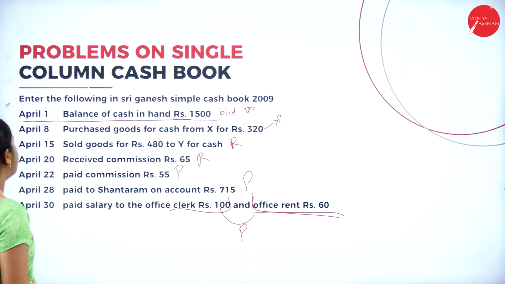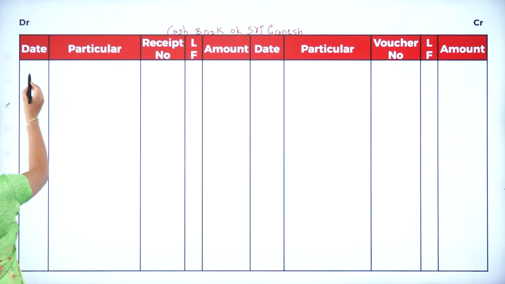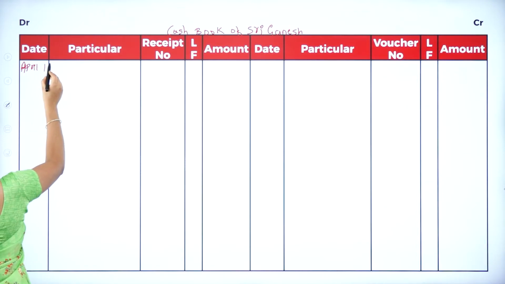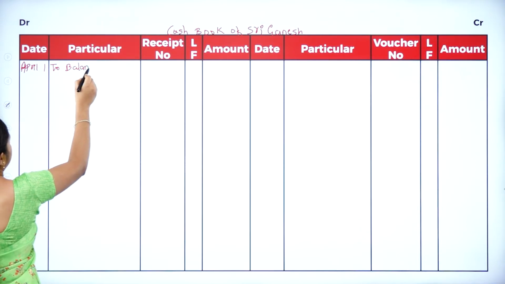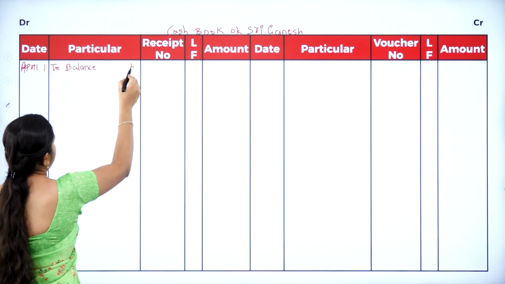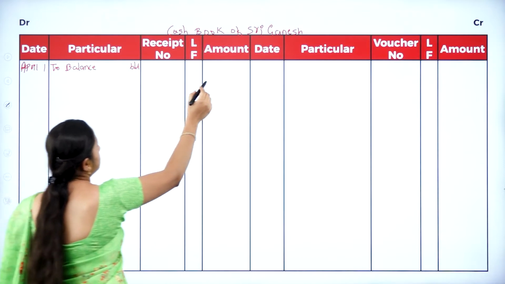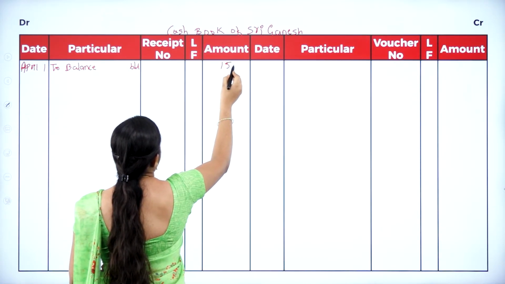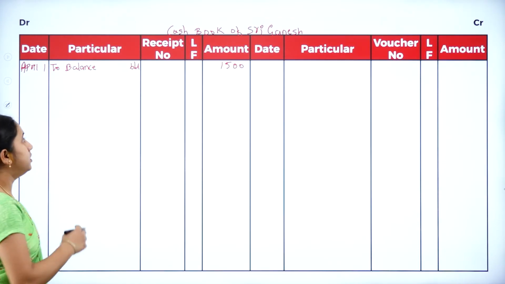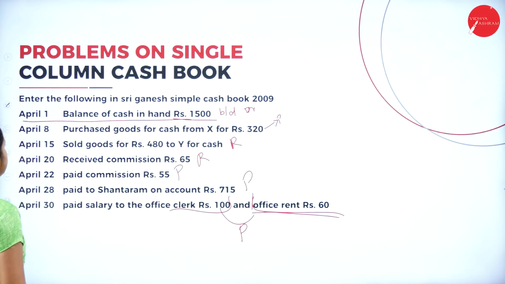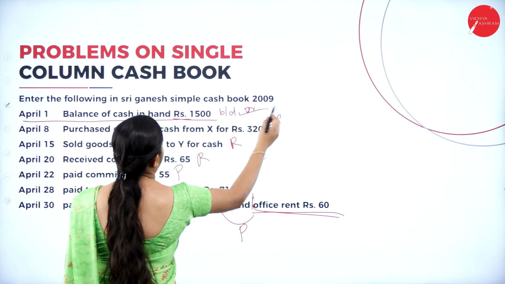So, April 1st, to balance brought down rupees 1500. We don't have information about receipt number, so just leave it blank. Rupees 1500. This is over.